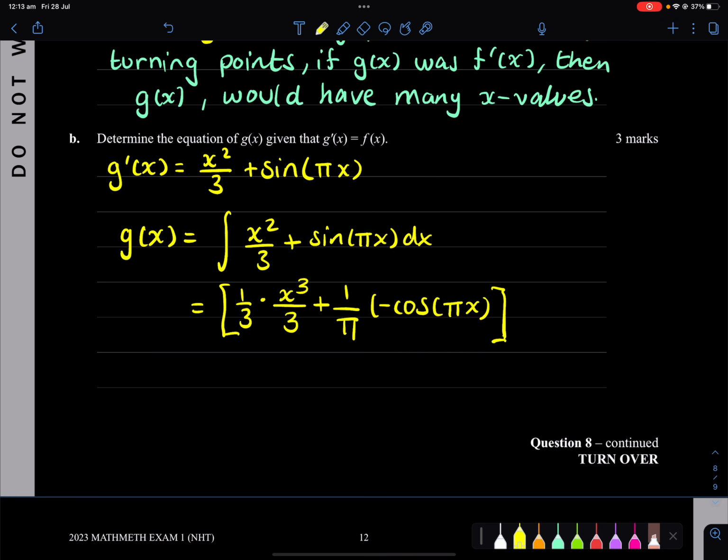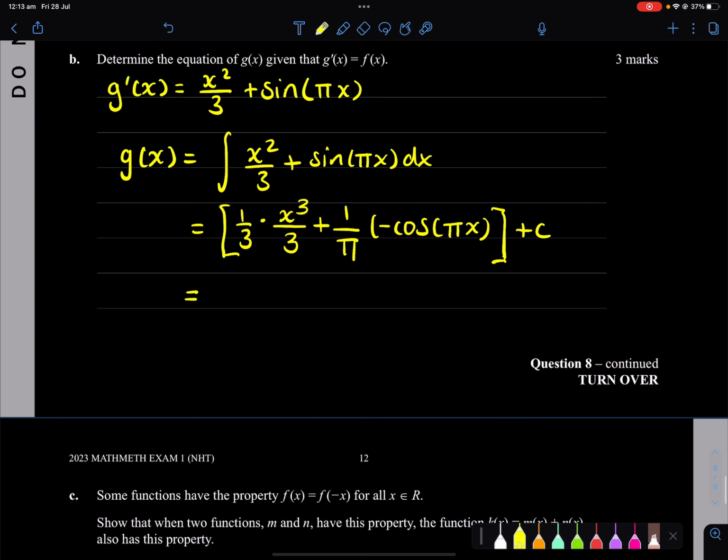So minus 1 over pi cos pi x, plus c. So that's your g of x.